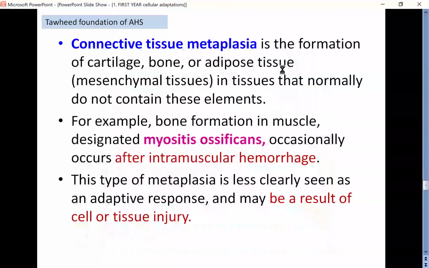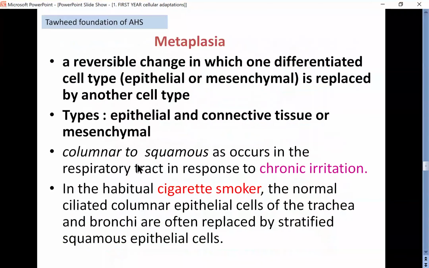The second type of epithelial metaplasia is usually seen in columnar kind of cells. For example, you would have experienced this at least once in a lifetime.